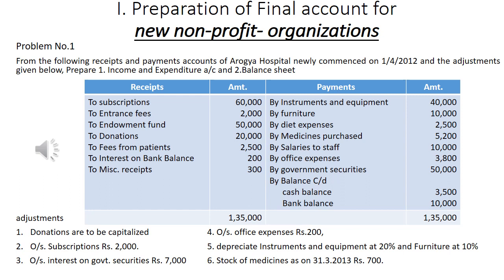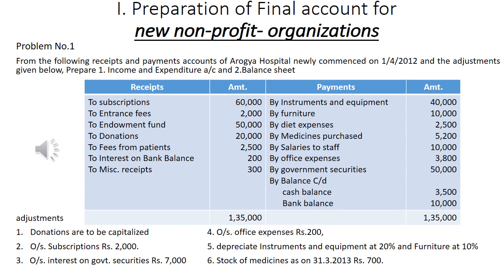It says, second point, outstanding subscription rupees 2000. So we have to add that outstanding subscription to the original subscription. So on the credit side of the income and expenditure account inner column, we write 60,000, add outstanding subscription 2000.